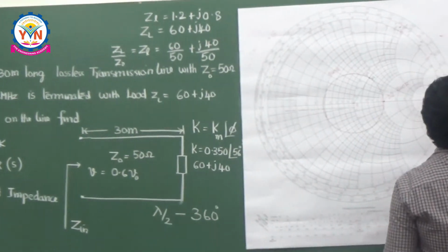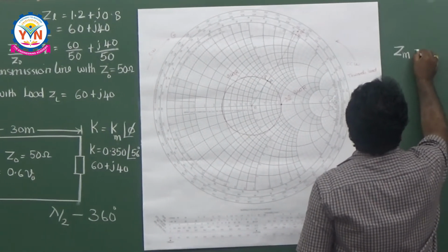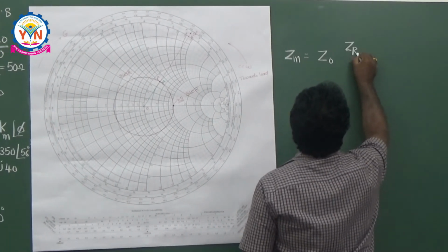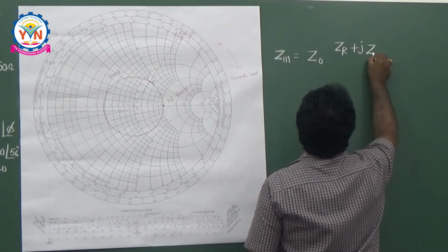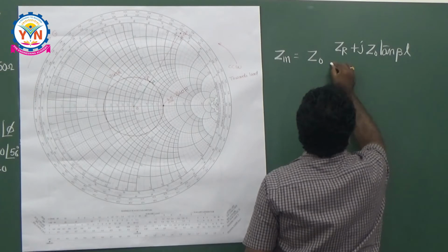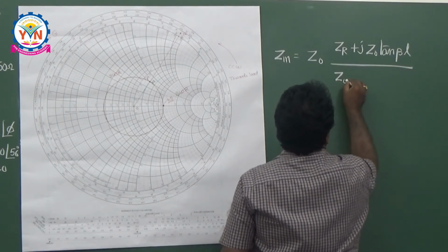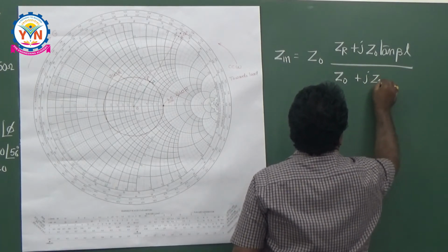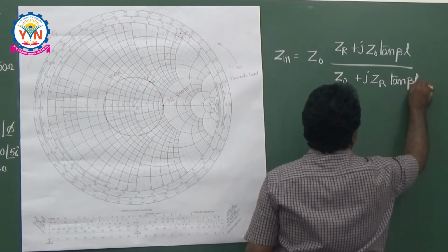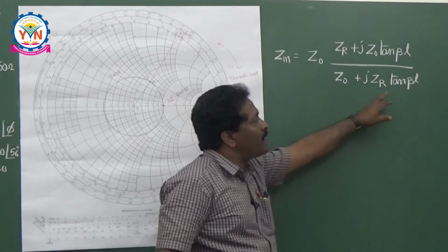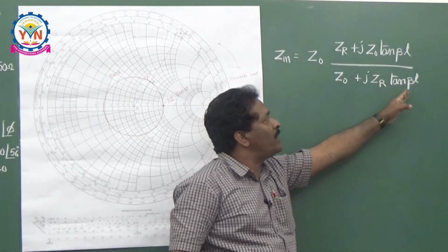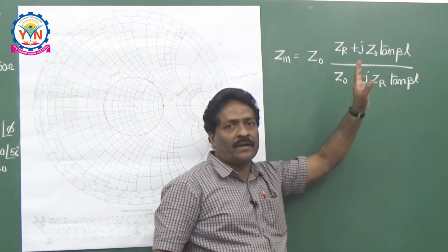Input impedance Zin is equal to Z0 into (ZR plus jZ0 tan βL) divided by (Z0 plus jZR tan βL). Okay, this is the expression you are using for calculating this. What is this βL? βL means the electrical length of a transmission line. β means 2π by λ and L is nothing but the length of the transmission line.